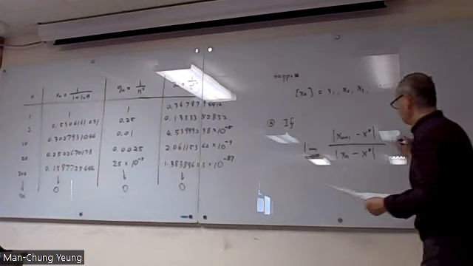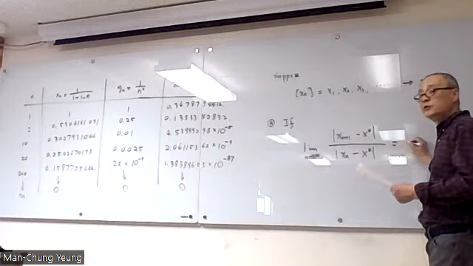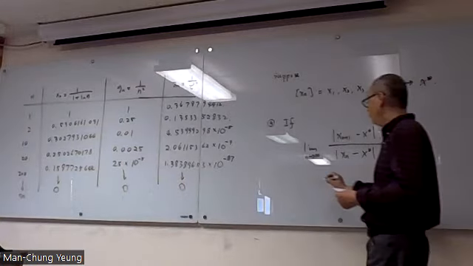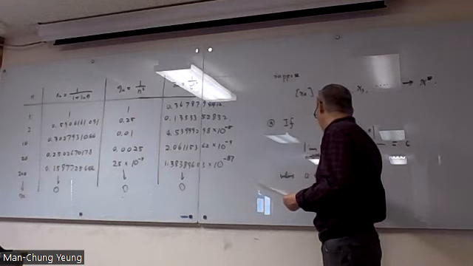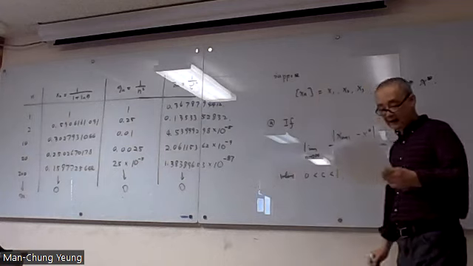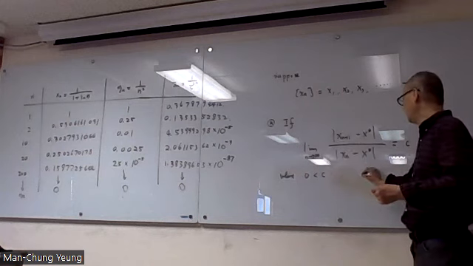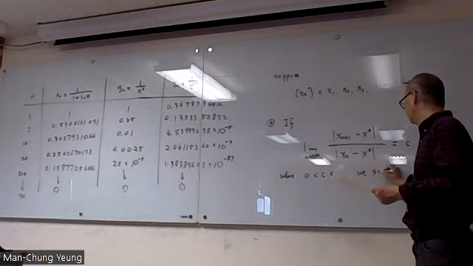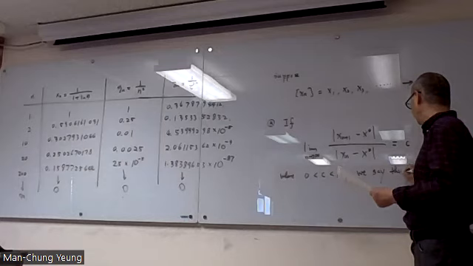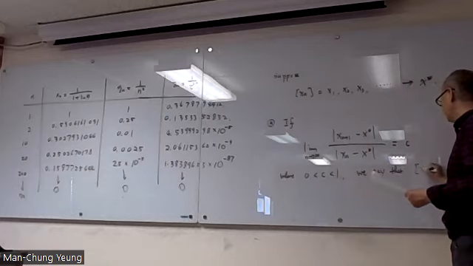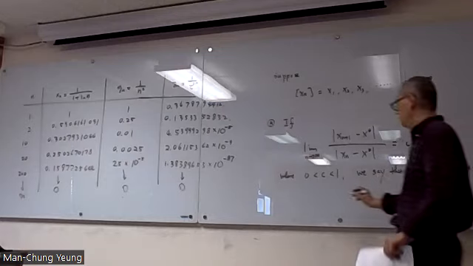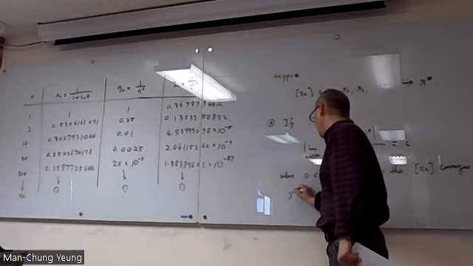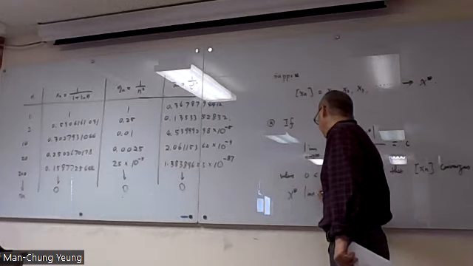If this limit converges to some number c, where c is between 0 and 1, then in this case, we say that the sequence converges to x star linearly.